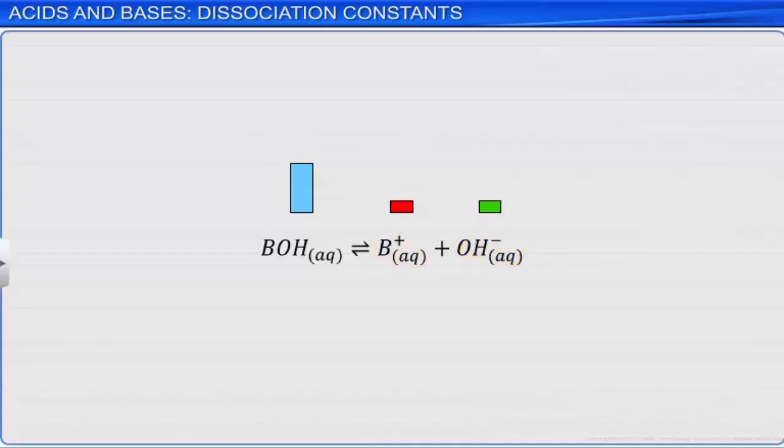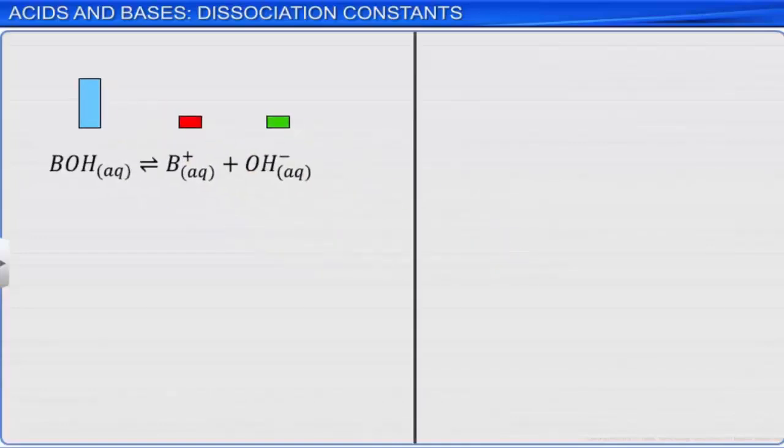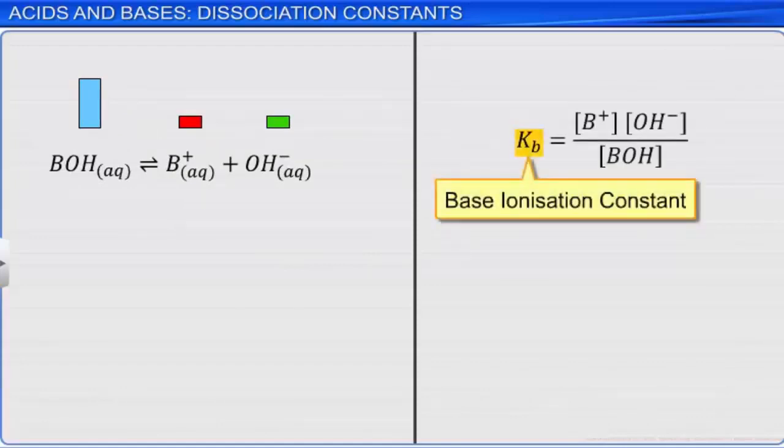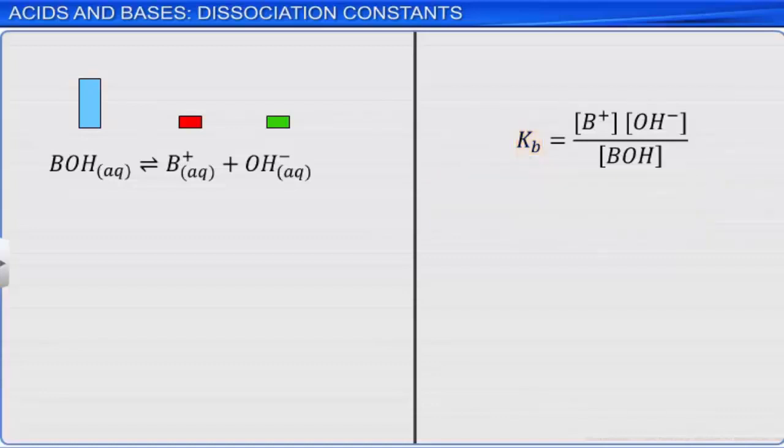The equilibrium constant for the ionization of a base is called base ionization constant and is represented by Kb. The Kb for this equilibrium can be expressed as Kb is equal to the product of concentration of B plus and OH minus ions divided by concentration of BOH.